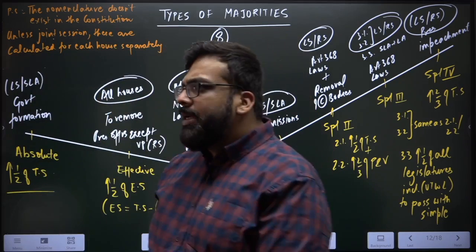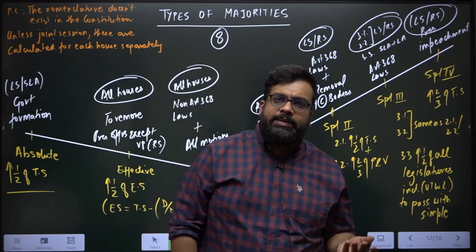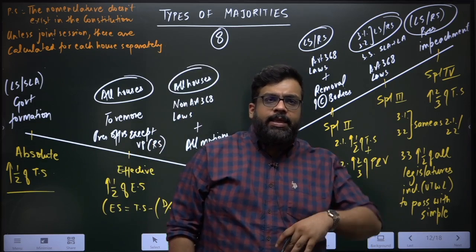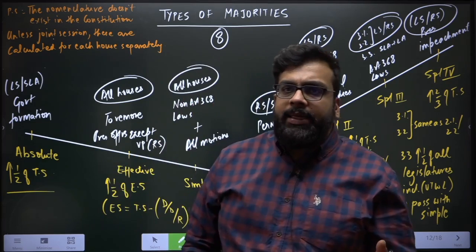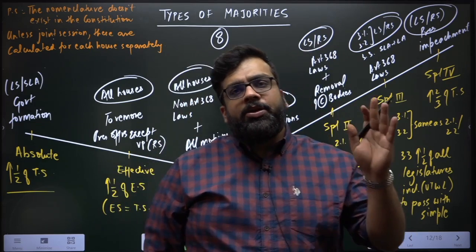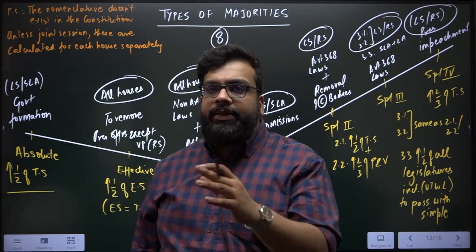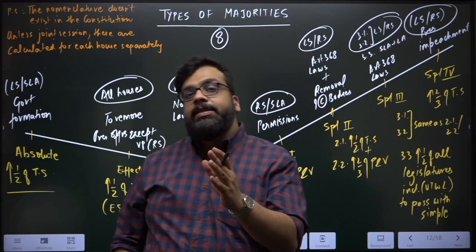Which basically means, let's say it's the Lok Sabha, it has 543, so you will require, let us say, 273 as your magic number.